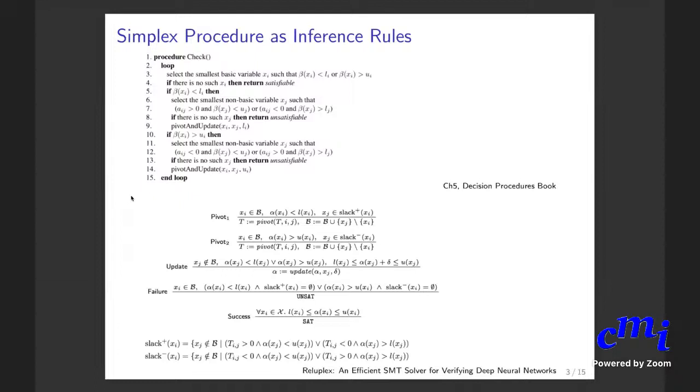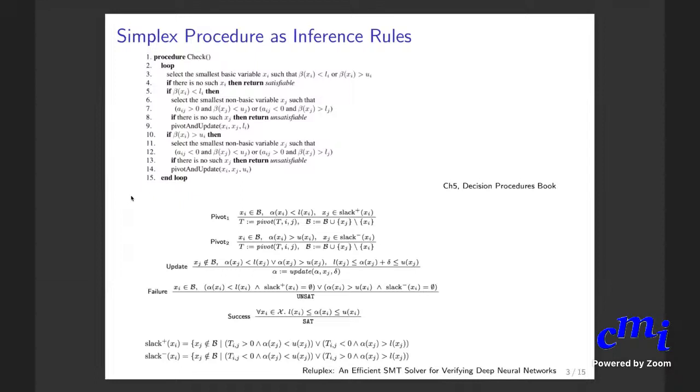This I consider as an over approximation of this. In the sense, any satisfying instance of this will also satisfy this, but any satisfying instance of this may not satisfy this. If this is unsat, certainly this is unsat as well. And that is the property of over approximation.